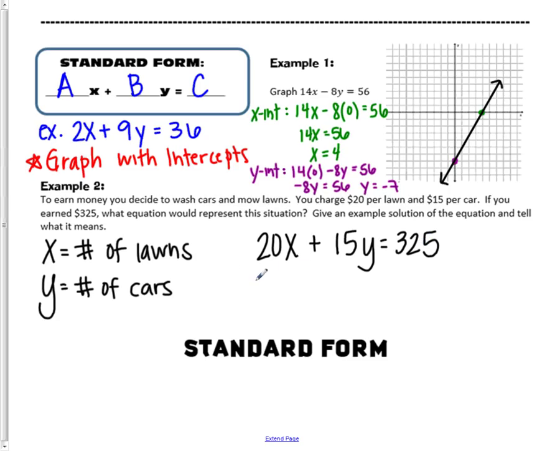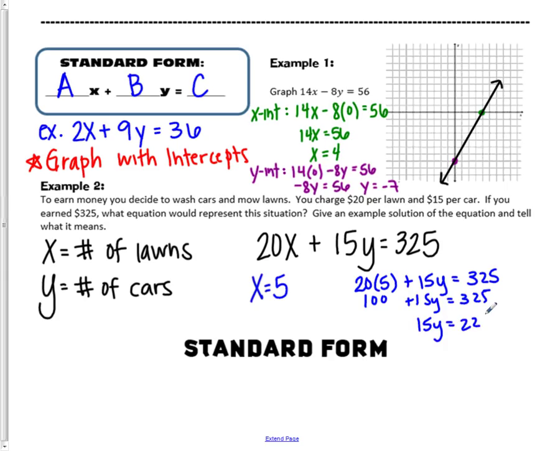So like I said, if x equals 5, if I plug that in, 20 times 5 plus 15y equals 325. So again, that's 100 plus 15y equals 325. Taking away 100, the 15y would equal 225.